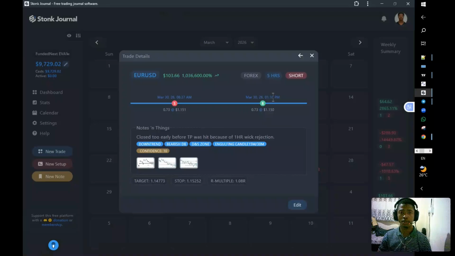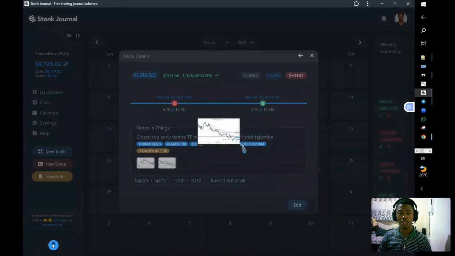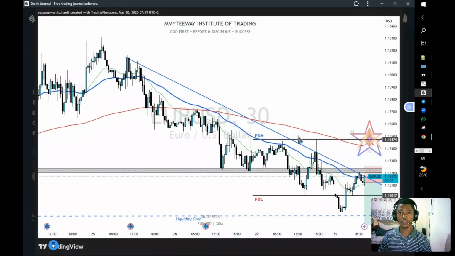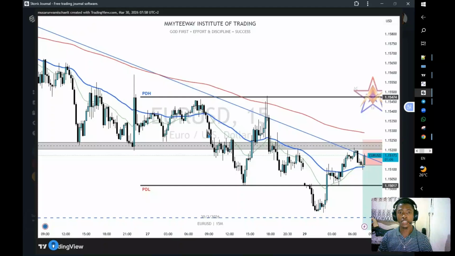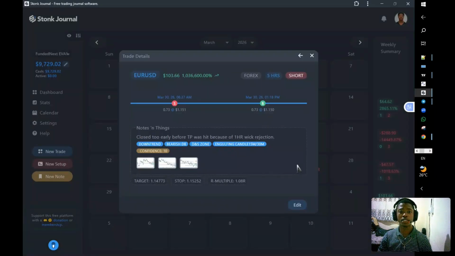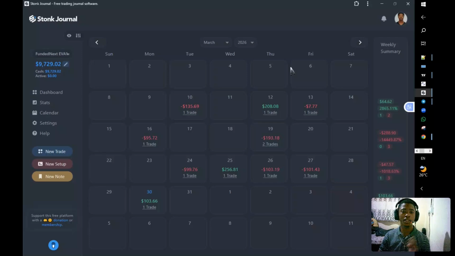We went into some eye-watering drawdown for about 1.5 to 2 hours, but then the EMAs are also there, and it went straight into direction. The confidence of this trade is confidence level 10, because everything was to perfection. This is why it played up to perfection. The GBP USD trade was to perfection.